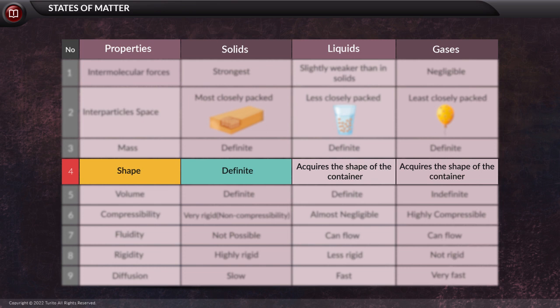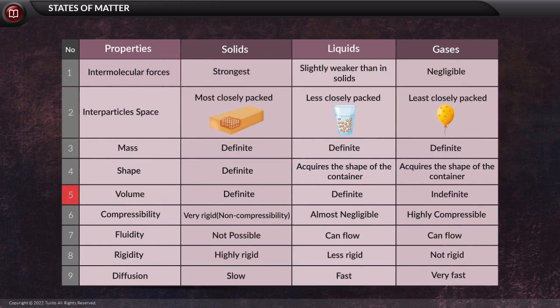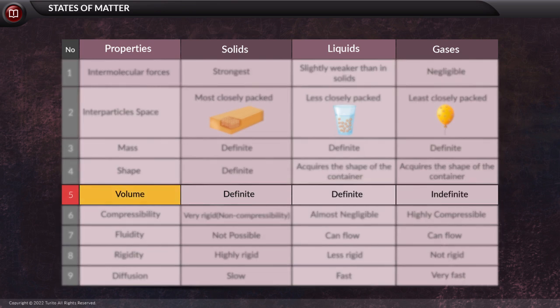On the other hand, liquids and gases will occupy the shape of the beaker or the container in which they are, because of comparatively lower forces of attraction acting between them. Now, the next one is the volume. As you already know, solid and liquid have a definite volume, right? Gas does not have a definite volume. It will occupy the whole space around it.